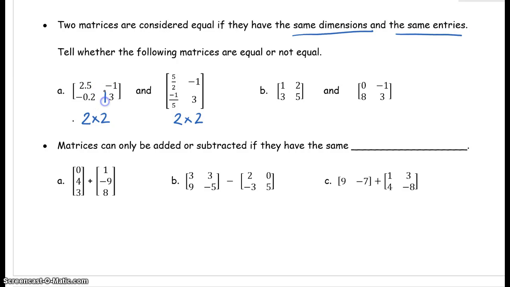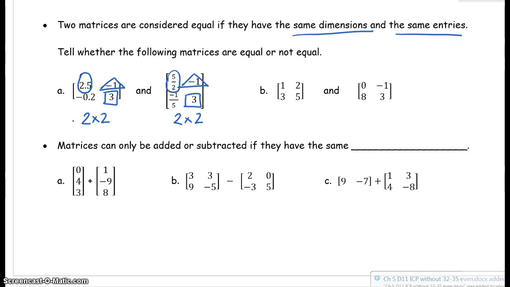Well, I see that they have a 3 right here and a 3 right there. I see that there's a -1 right there and a -1 right there. So we know those match up. Now, 5 halves and 2.5, is that the same? If I use my calculator, 5 divided by 2, is that the same thing as 2.5? What you'll find out is yes, they are the same.